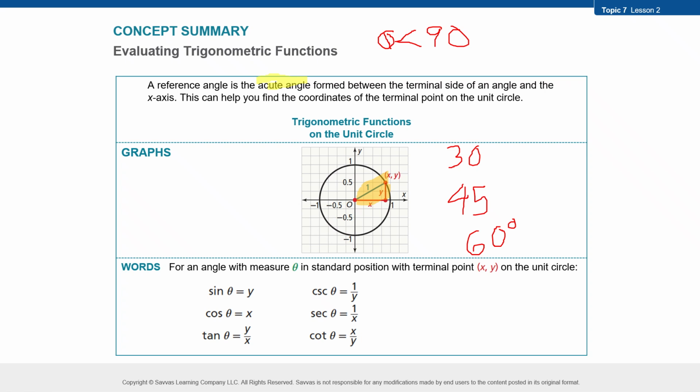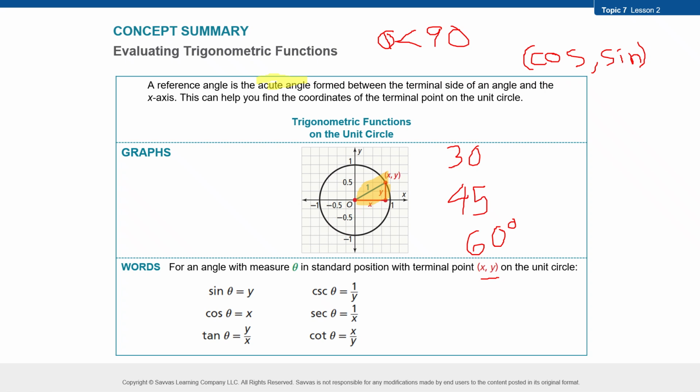But getting back to the unit circle, our coordinate pair x and y has changed, with cosine being my x and sine being my y value. So sine, cosine, and tangent are based off these trig ratios.